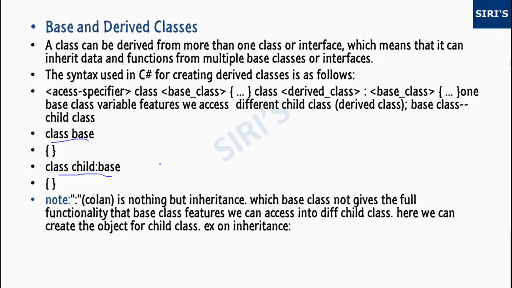Please note the colon is what denotes inheritance, so that the base class features can be accessed in the different child class. Here we can create the object for the child class. Here is an example for inheritance.